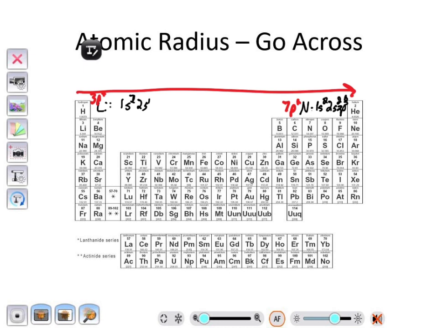Which one did we say was stronger Coulombic attraction, pulling on the electrons more?